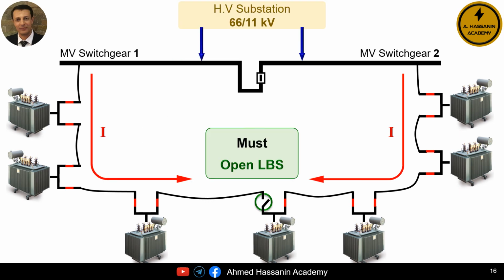Therefore, it is extremely important to keep at least one load break switch open within the ring system in order to avoid any technical problems in the electrical network, whether they are technical issues in the medium voltage distribution network, in the high voltage transmission network, or even inside the high voltage substation itself.